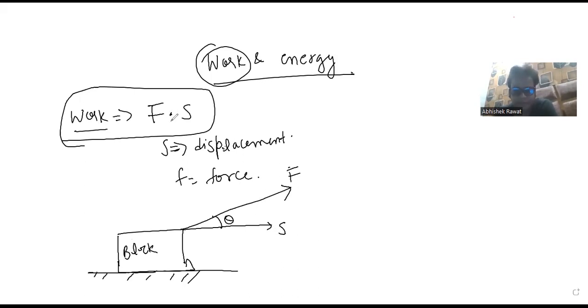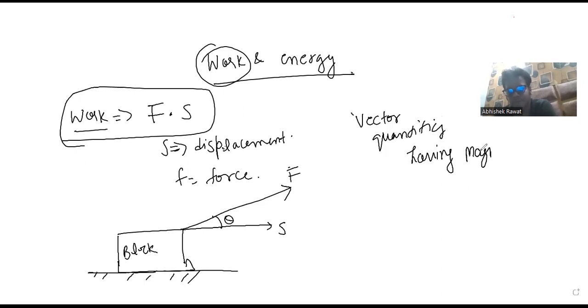Force is a vector quantity and displacement is also a vector quantity, and you know that vector quantities are those which have magnitude as well as direction. If we resolve this, we get work is Fs cos theta.